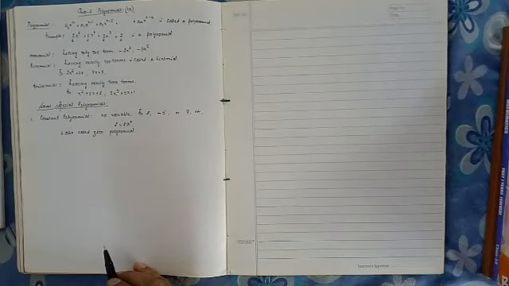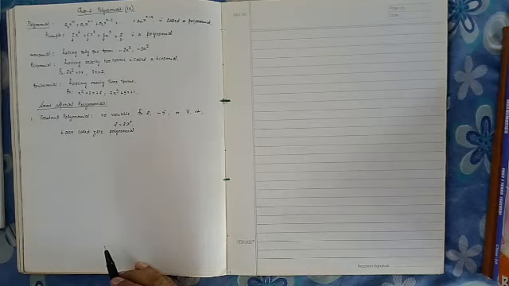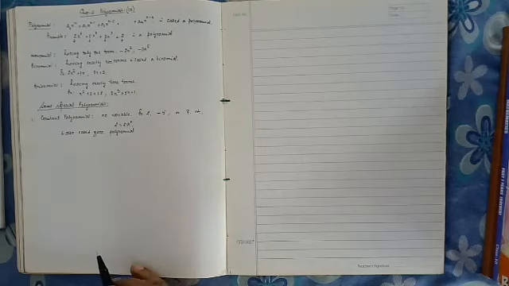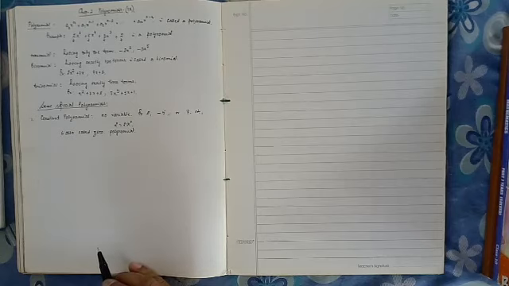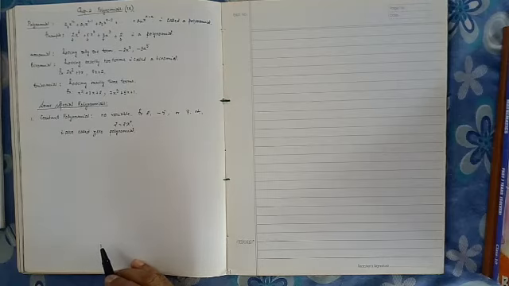Now let us discuss the degree of a polynomial and accordingly the classification of polynomials. Degree of a polynomial means the highest power of the variable of a polynomial.